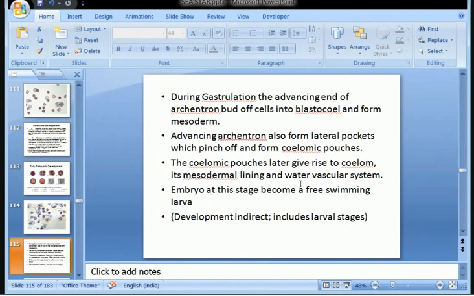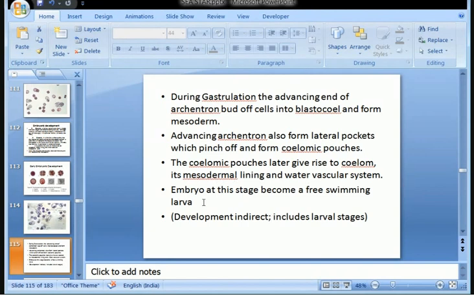So these are coelomate, true coelomate organisms. And its mesodermal lining and the water vascular system are formed later. So coelomic pouches later give rise to the coelom, also its mesodermal lining, and the water vascular system.